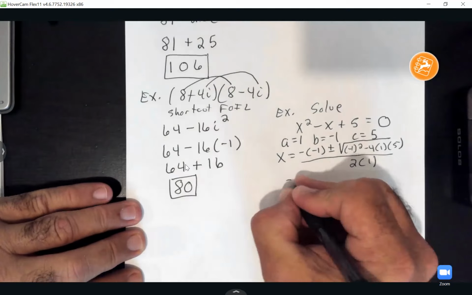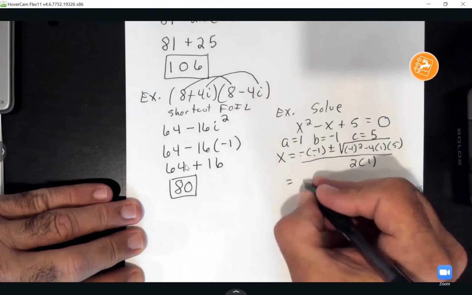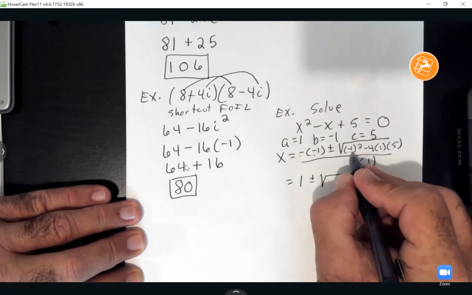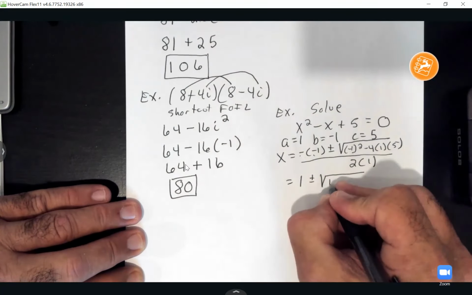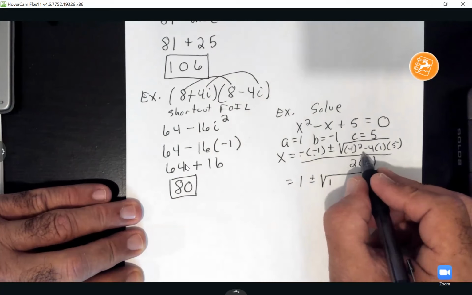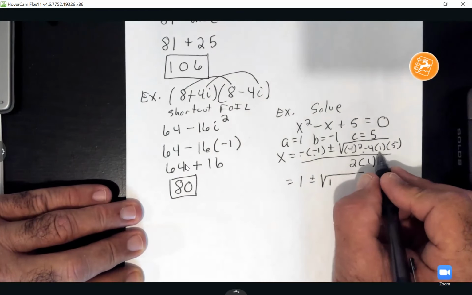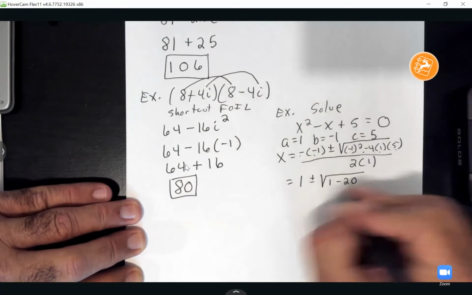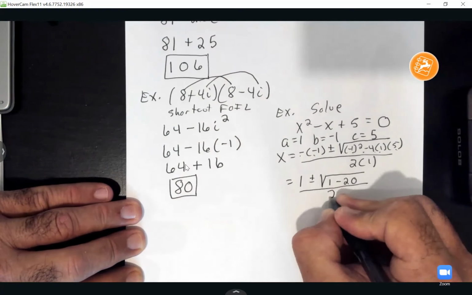All right, here we go. Negative negative 1 makes that a positive 1. Under the radical, negative 1 squared is a positive 1. Minus 4 times 1 is negative 4. Negative 4 times 5 is a negative 20. All over 2 times 1 is 2.